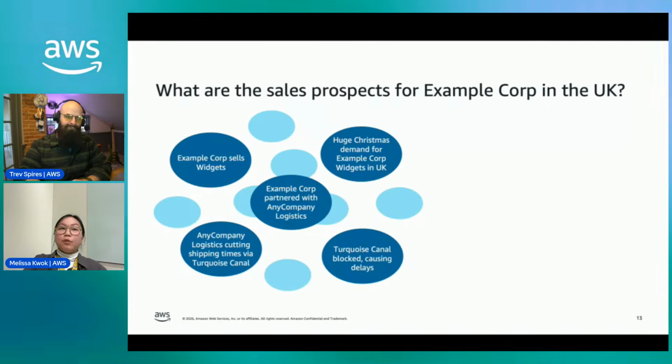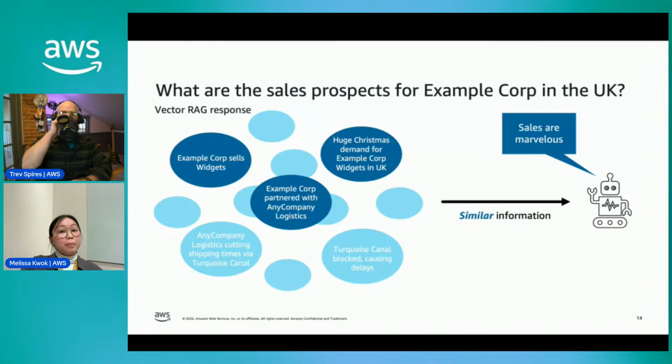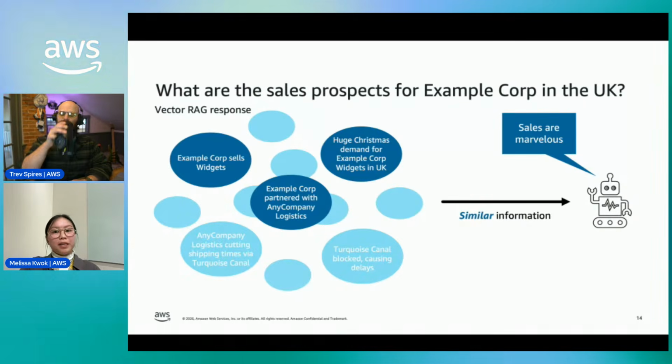Now, if I was a researcher tasked with answering the question, what are the sales prospects for Example Corp in the UK? If we look at this from just a VectorRAG perspective, our flow is basically going to look for chunks that are semantically similar to what is being asked.